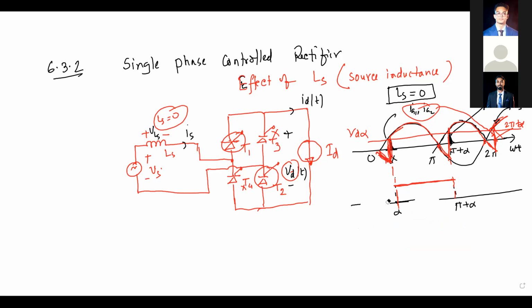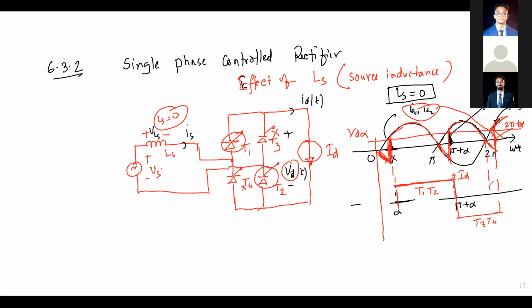And we see that the input current, this one will be T1 and T2 conducting. This is your positive ID. And after that, it will be your negative ID. That will be your T3 and T4.